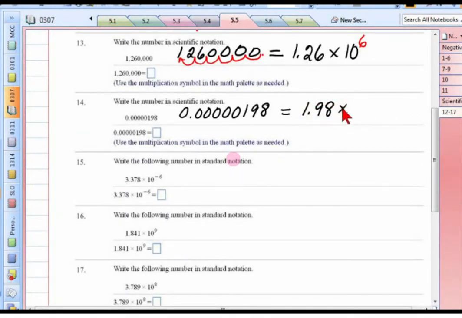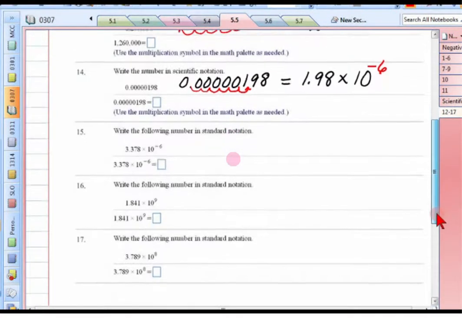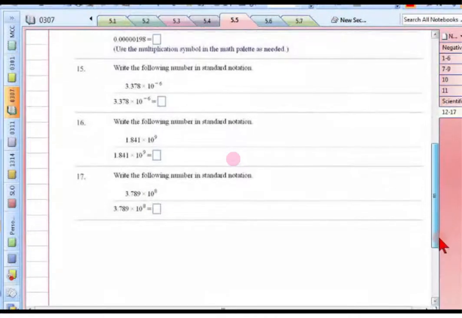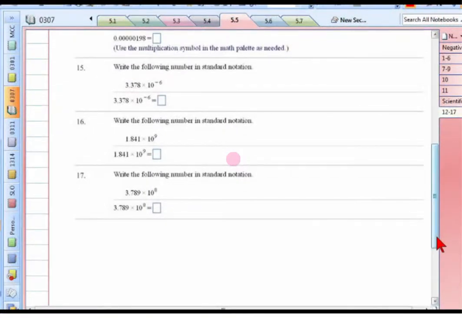It'll be times 10, and I need to count. It started out over here, and I need to go 1, 2, 3, 4, 5, 6 places, but it will be negative 6. Why? Because it's a tiny decimal. Is that okay? All right, now we're going to practice a few problems where the problem starts out in scientific notation and we're supposed to go back to standard.